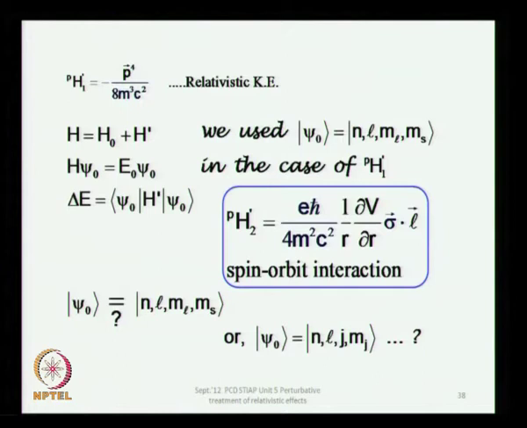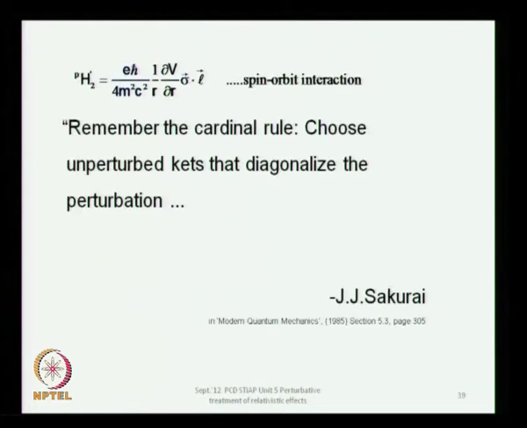j, mj. And you will remember that I had quoted Sakurai. In his book he states very categorically the cardinal rule: choose unperturbed kets that diagonalize the perturbation.